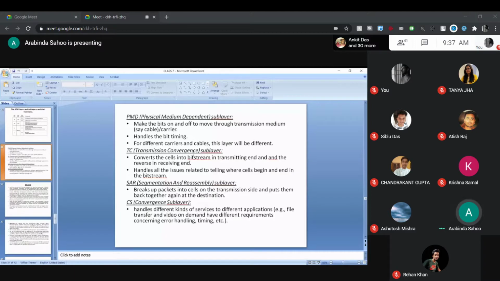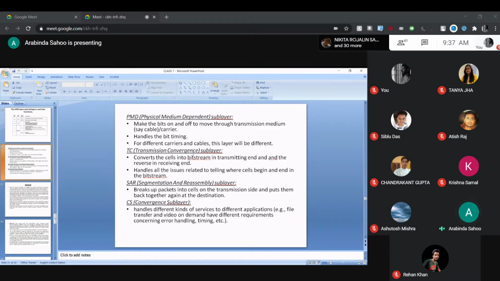Number one, make the bits on and off to move through the transmission medium, say cable or any carrier. On stands for, suppose, one, and off stands for zero. So make the bits on and off to move through the transmission medium. That is the function of the PMD sublayer.